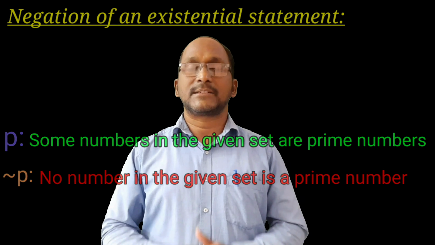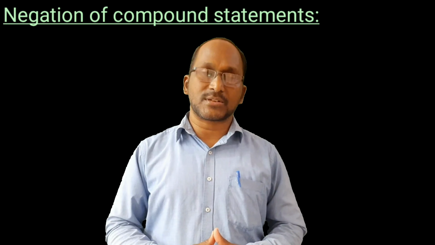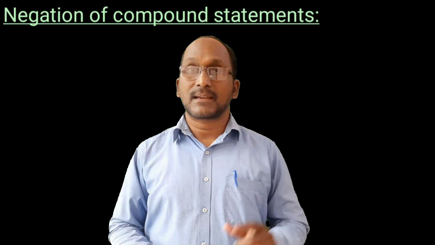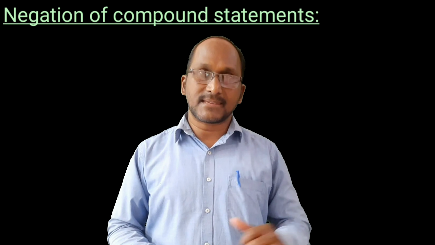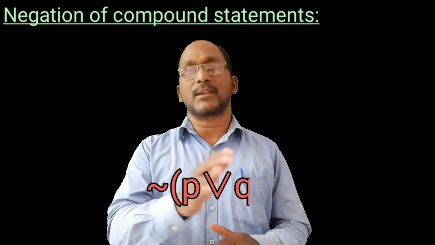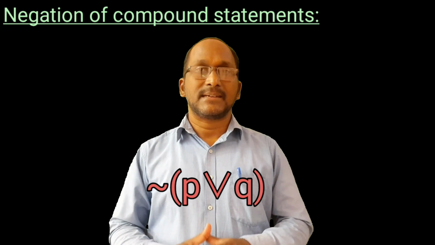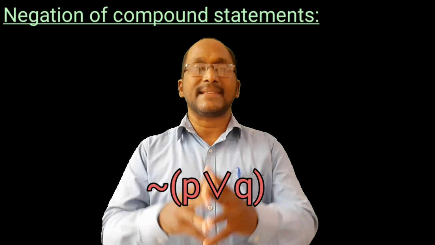Now let us define the negation of all the four compound statements, that is disjunction, conjunction, implication and biimplication. First let us see the negation of a disjunction, that is negation of P or Q. Now let us try to understand its negation through one example.